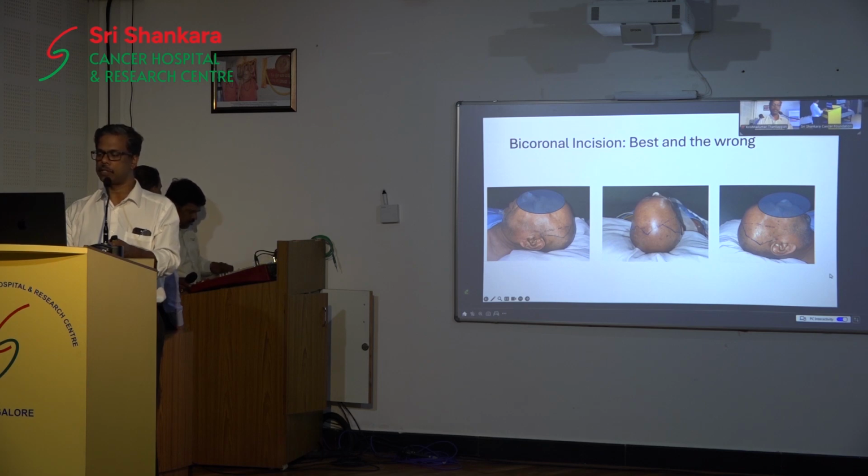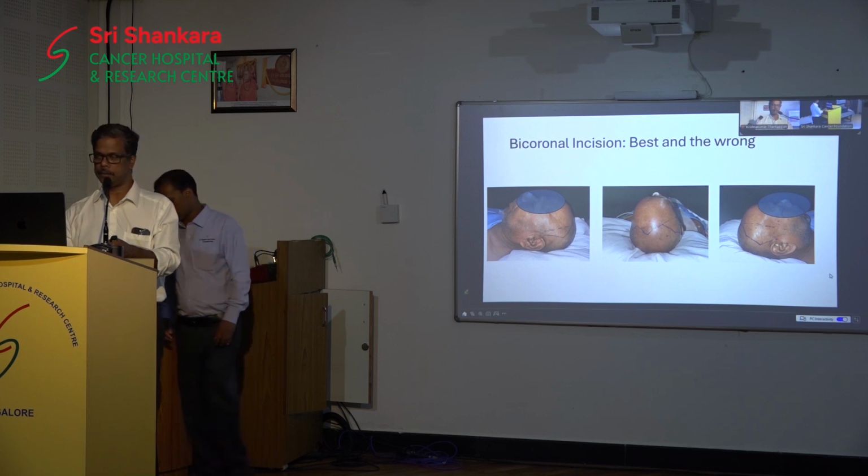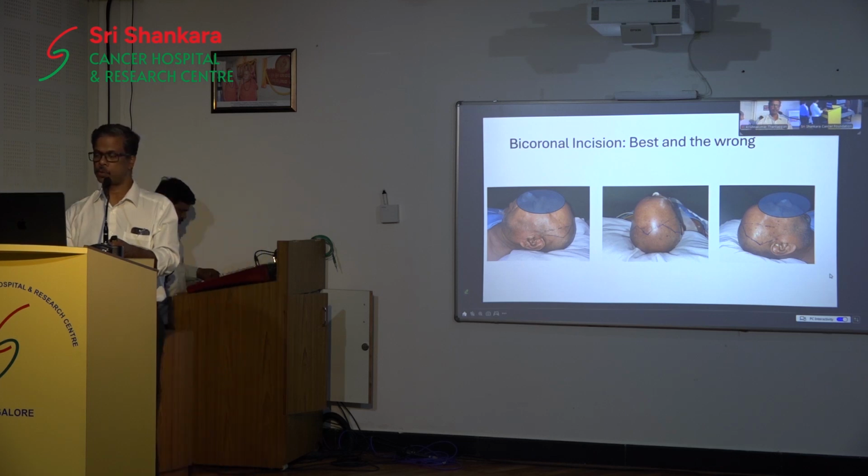And then it is crossing over the scalp and going way anteriorly to the opposite side. You can see here, almost transecting the other side. If you raise the flap like that, your superficial temporal artery and all those vascular regions are going to be involved.